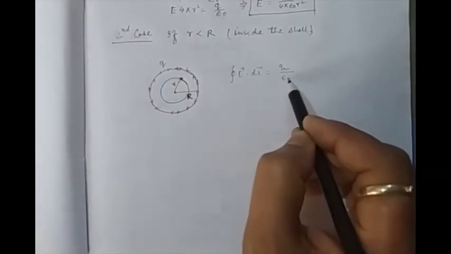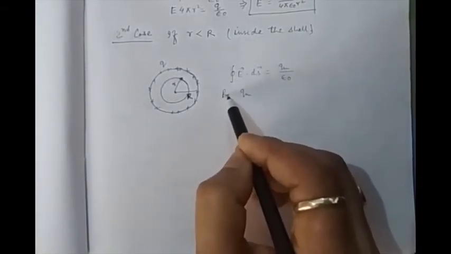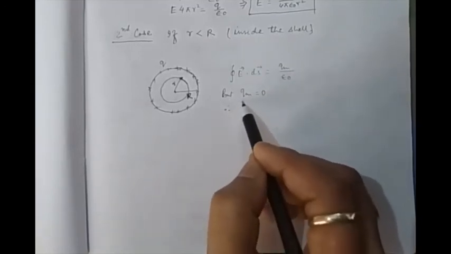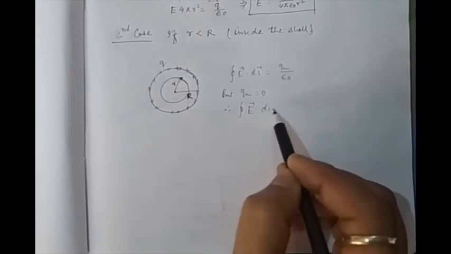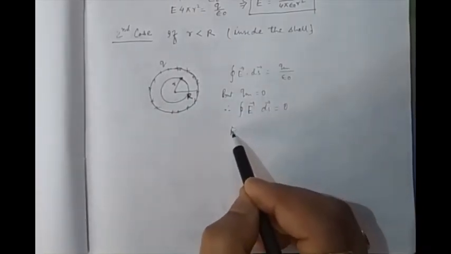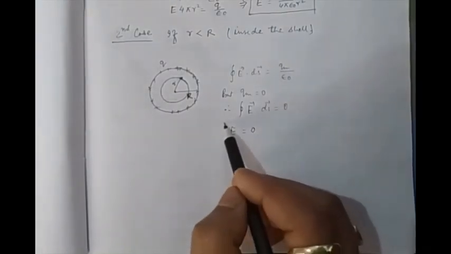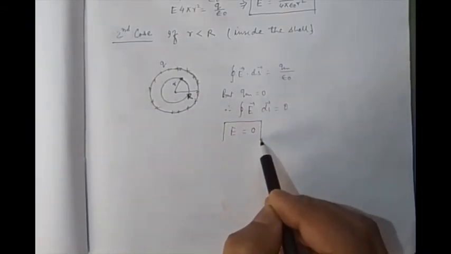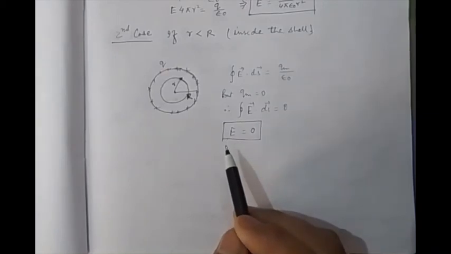But Q internal is equal to 0. Therefore, integral E dot ds is equal to 0, and electric field is equal to 0. It means there is no net electric field inside a uniformly charged shell.